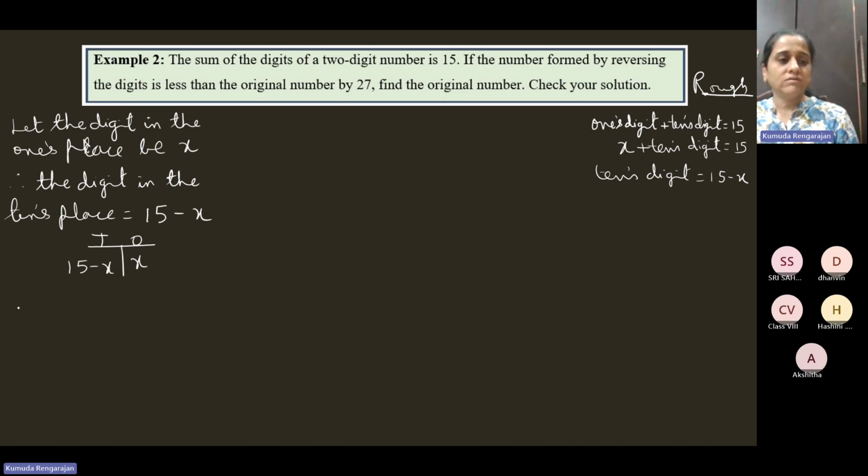Then what's the number? The original number is, did you all watch the videos or no? I shared some videos, no? The original number is 10 bracket 15 minus x plus 1 bracket x.